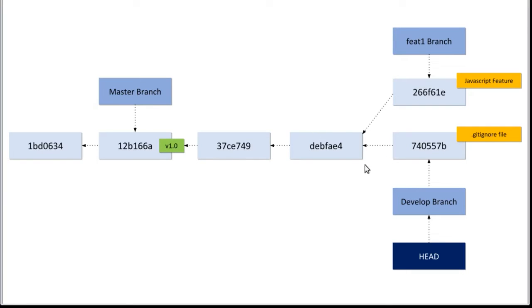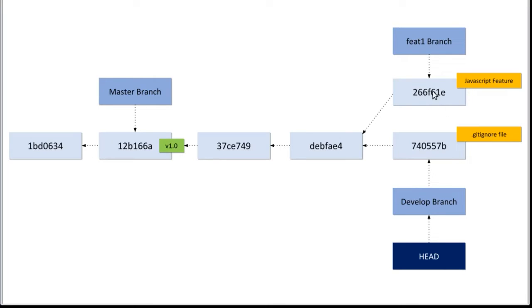So this DEBFAE4 commit is going to be the parent commit for both of these commits that we just made. The first one is the JavaScript feature. So this is going to be the update to the index.html, the update to the style.css, and the creation of the JavaScript file, script.js.